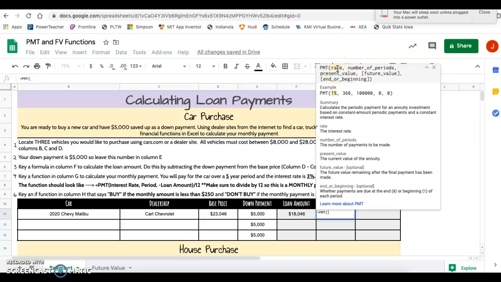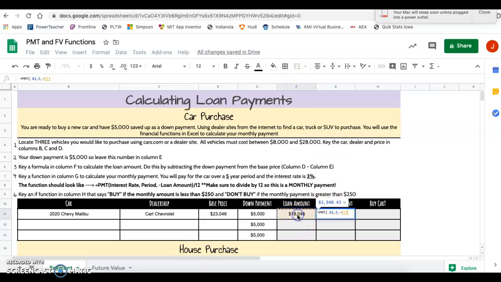Our rate is 3%, so 0.03, because it is a percentage. Number of periods, so 5 years would be our periods, so 5, comma, the present value. So we are going to put a minus sign, and you'll see why in just a second. And then we're going to select our loan amount.